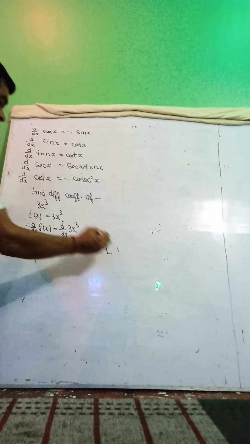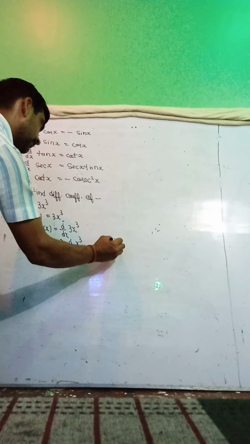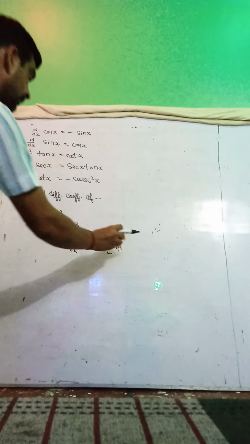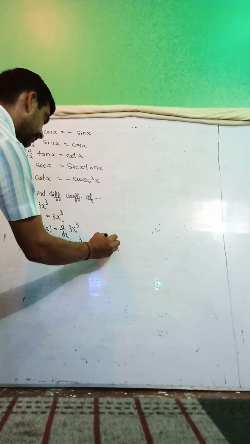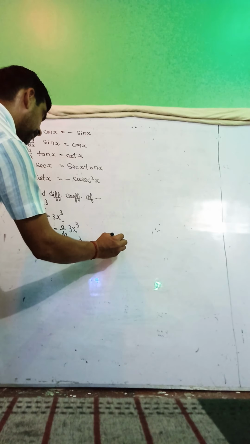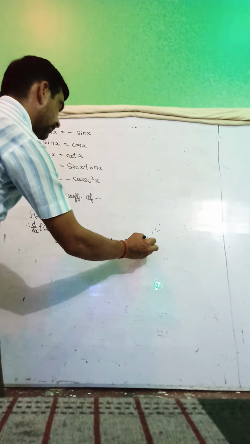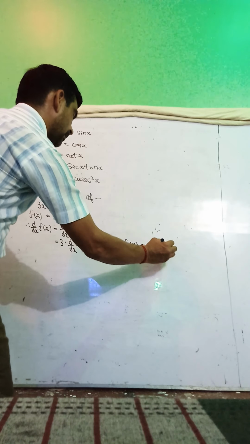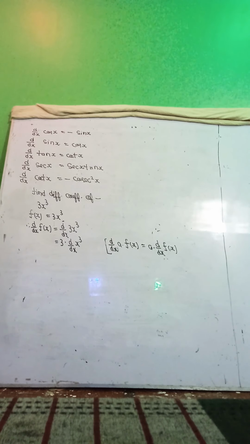Here we use formula d/dx of a into f(x) is equal to a into d/dx of f(x), which I told you in previous video.